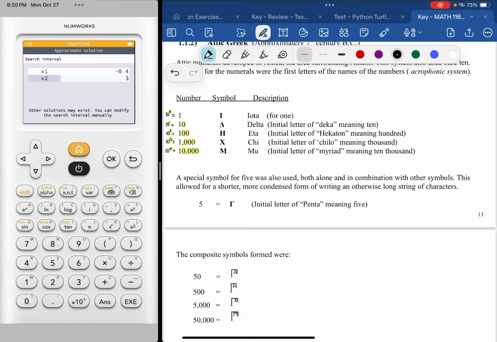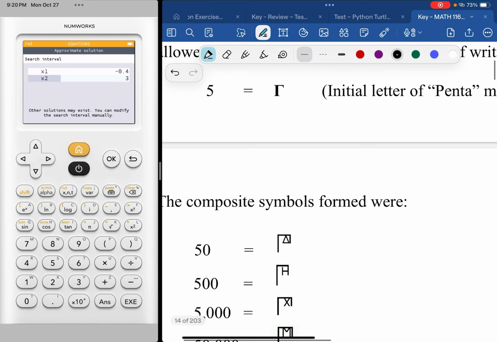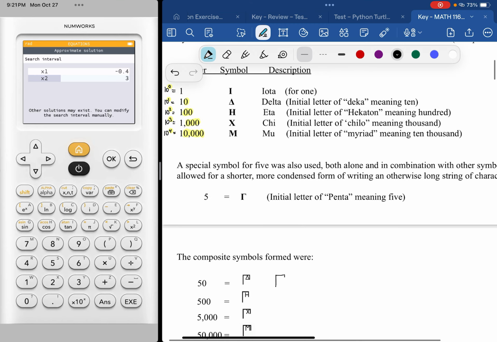A special symbol for 5 was also used, right? Penta, meaning 5. So that allowed us to come up with multiples of 5, right? So it's kind of fun to look at, but it also makes a certain amount of sense when you recognize that the composite symbol for 50 has that penta. All right, so penta is sort of like a little hangman, and the value for 10.